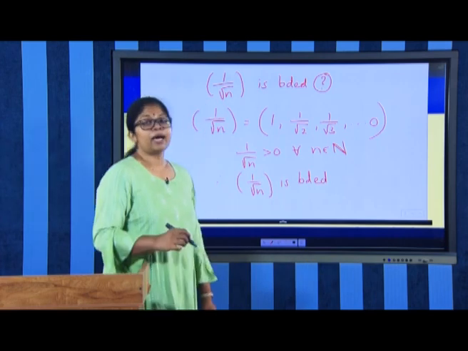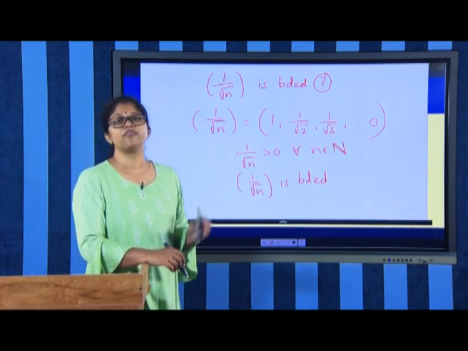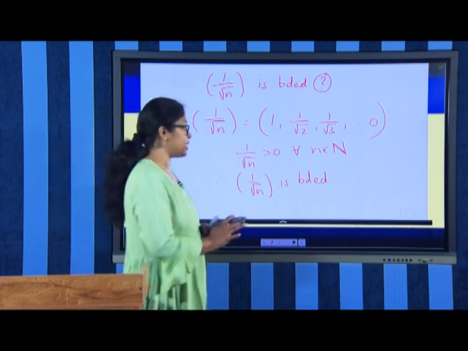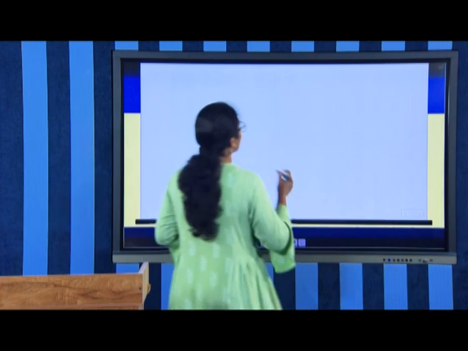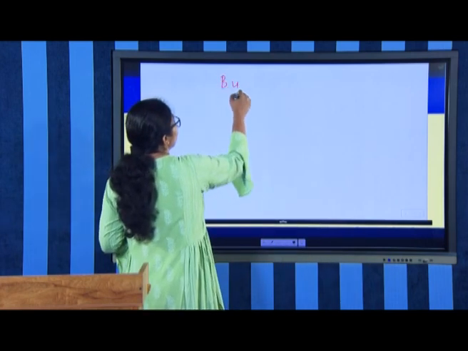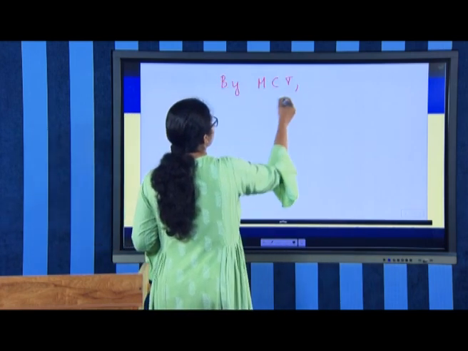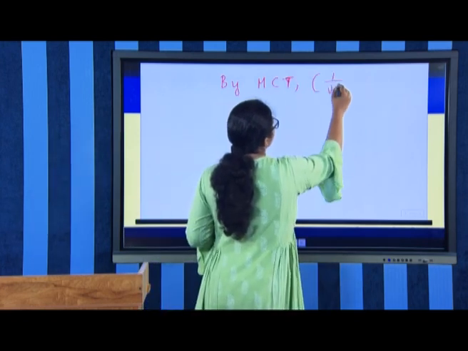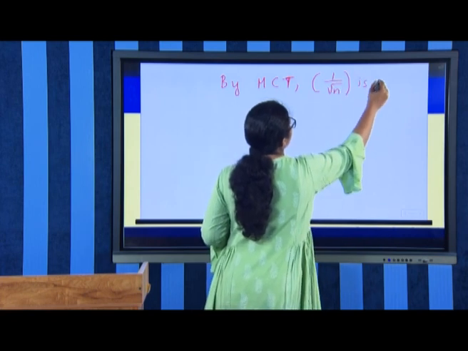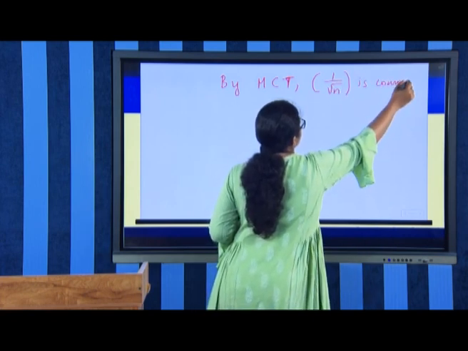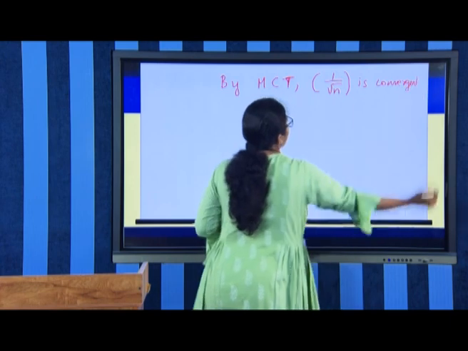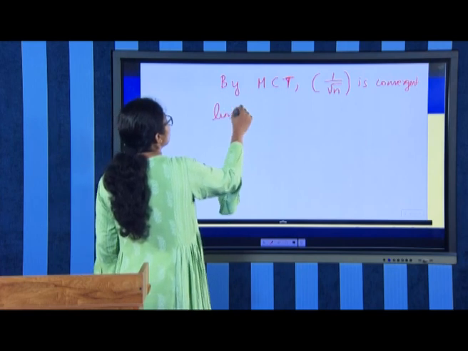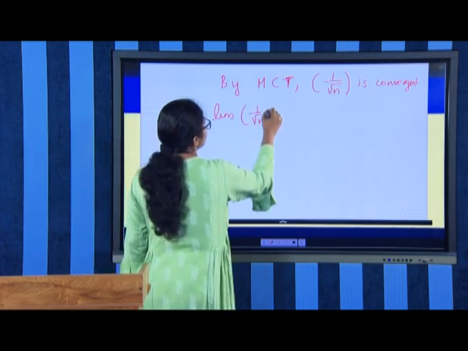So, a monotonic decreasing sequence which is bounded has to be convergent by the monotone convergence theorem. Therefore, by the monotone convergence theorem, the sequence 1 by root n is convergent. Now, it remains to show that the limit of 1 by root n is equal to 0.